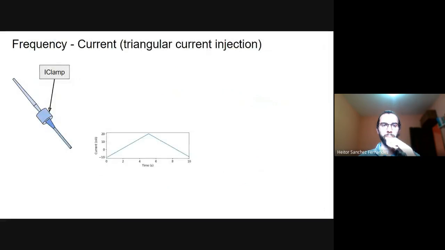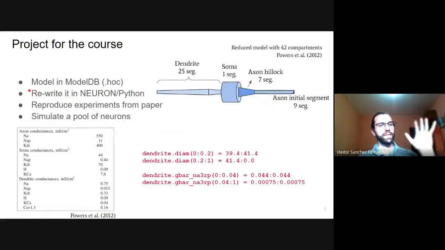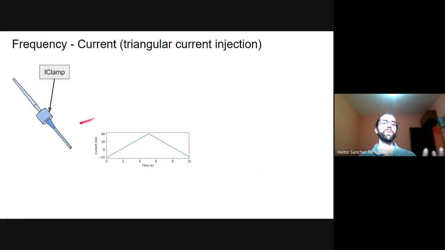The next steps were to reproduce some of the experiments from the paper where this model was presented, and to try to simulate a pool of neurons. The first experiment, an in silico experiment in the paper and here, is the injection of a triangular current into the soma compartment.